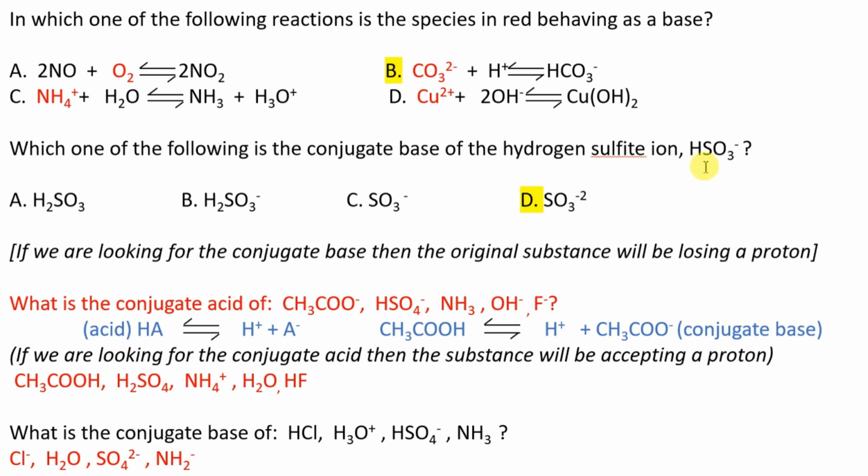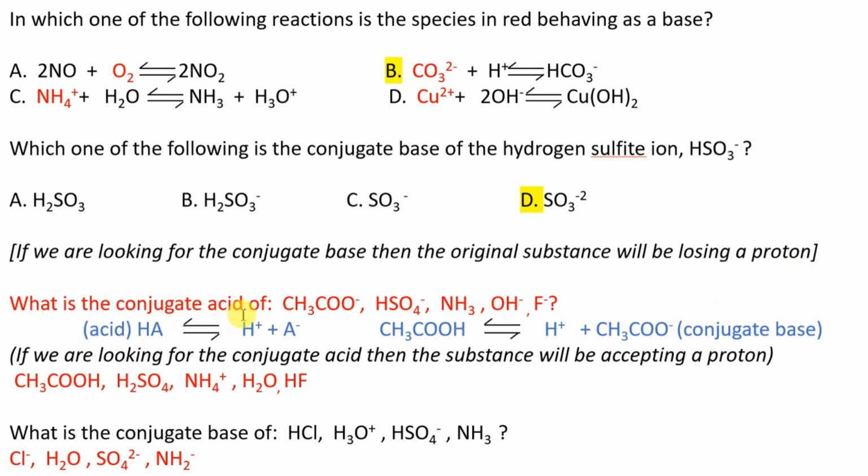If it's lost H+, the anion must become SO3 2-. D. If we're looking for a conjugate base, then the original substance will be losing a proton, will be an acid.